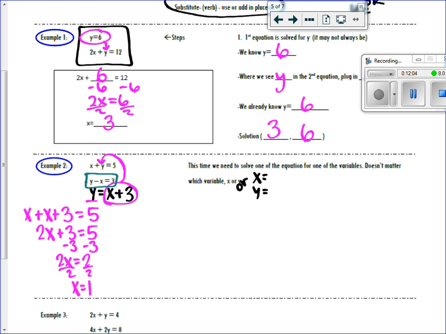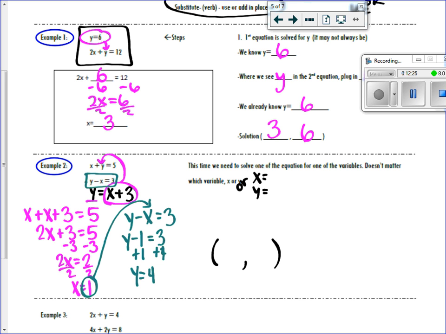But if we're using this equation, y minus x equals 3, take the number we just got for x and plug it in. So y minus 1 equals 3. Add 1 on each side, so y equals 4. You're not done until you have a number for x and a number for y. We got that x was 1 and y was 4, which means we're done.